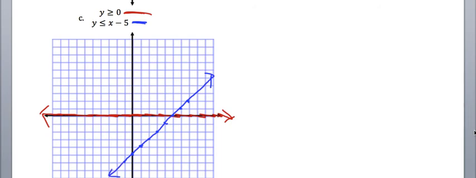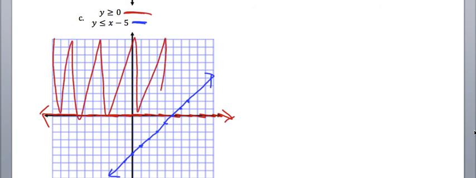And now we just got to figure out where to shade. Now, we can't use the test point 0, 0 on this line, but hopefully it's obvious that if we want y values that are bigger than 4, those are going to need to be above the line. And if we try our test point of 0, 0 in the next one, we get 0 is less than or equal to -5.